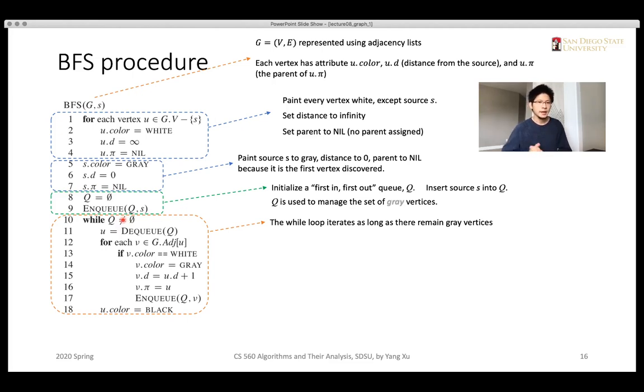The first line of the loop is to dequeue. That is to say, we remove the gray vertex at the head of the queue.